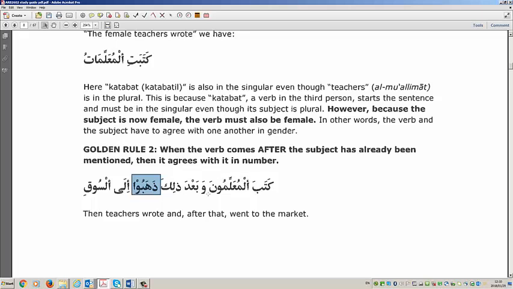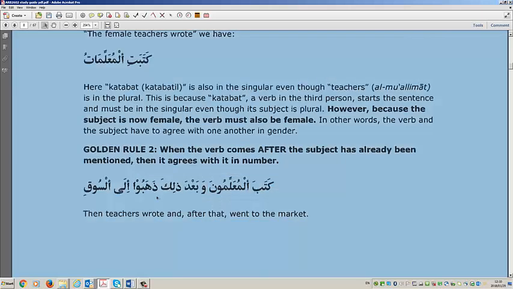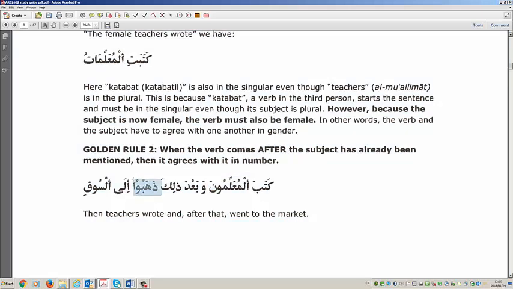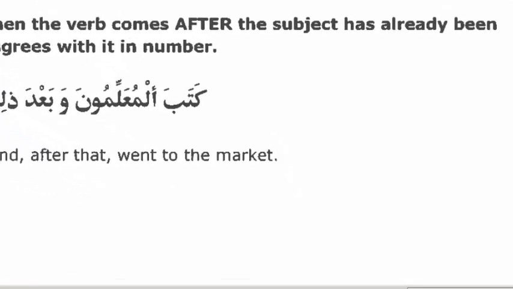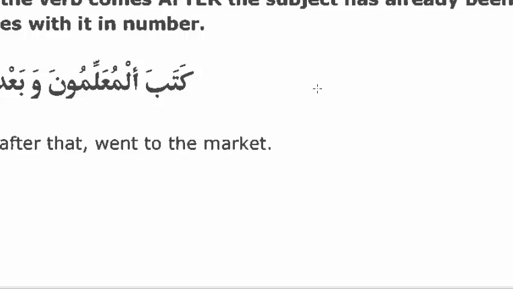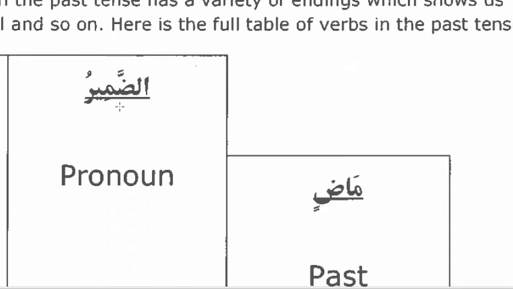The teachers have already been mentioned. So ذَهَبَ, which means he went, becomes they went. So this is golden rule 2, that when the noun is already mentioned, then the following verb must agree with it in number. This is plural, so this must also be plural, and of course in gender as well. You can't say ذهبت إلى السوق or ذهبنا إلى السوق. That refers to females. It must agree with it.